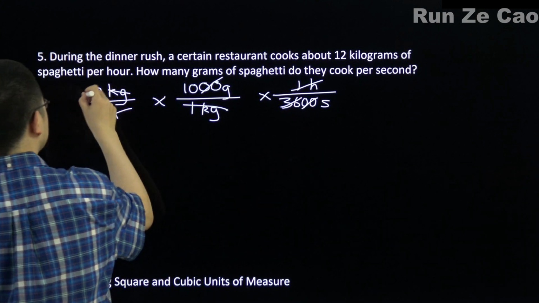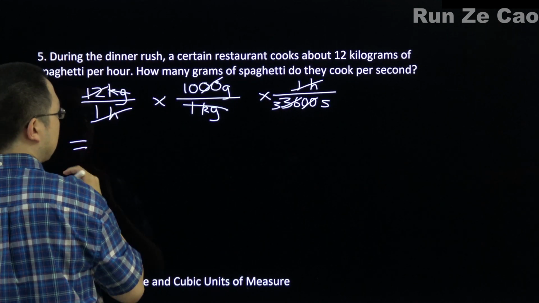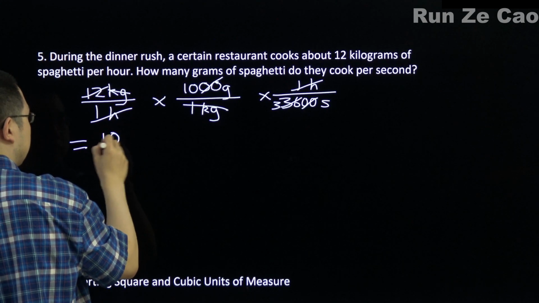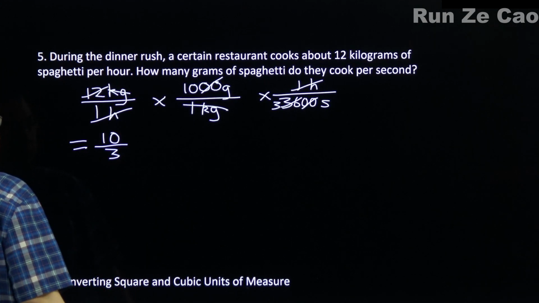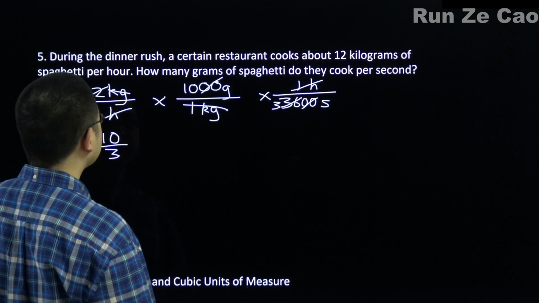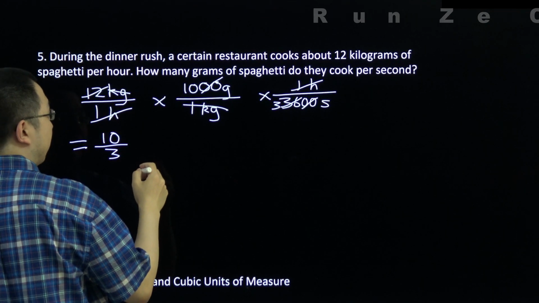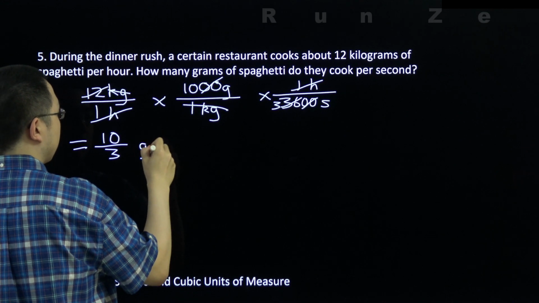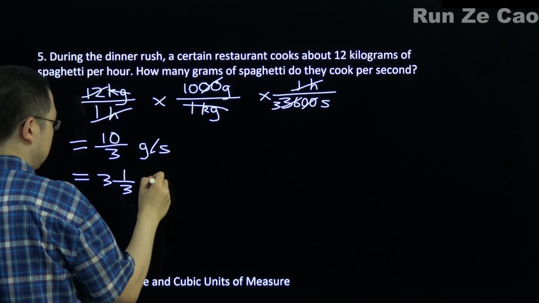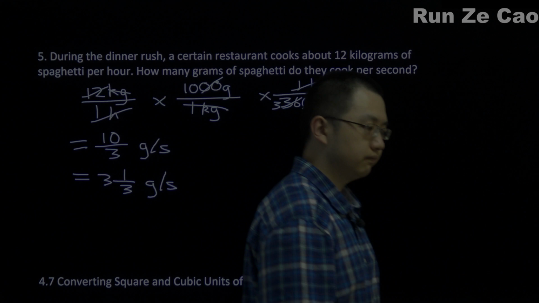And 36 cancels with 12 to just give you a 3, which means that they are cooking about, because it said about 12 kilograms of spaghetti per hour, I'm going to say it's about 10 over 3 grams per second, which is 3 1/3 grams per second of spaghetti cooked.